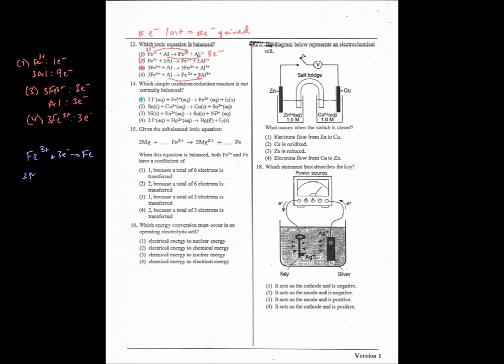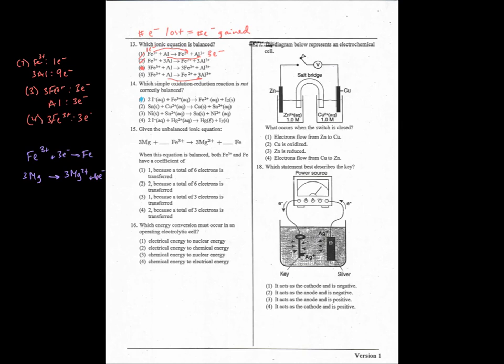Now we have 3 Mg, and it has to lose electrons. So each Mg loses 2 electrons, but since we have 3 of them, it has to lose 6 electrons total. Because each here loses 2. But since we have 3 of them, we multiply by 3 to get 6.